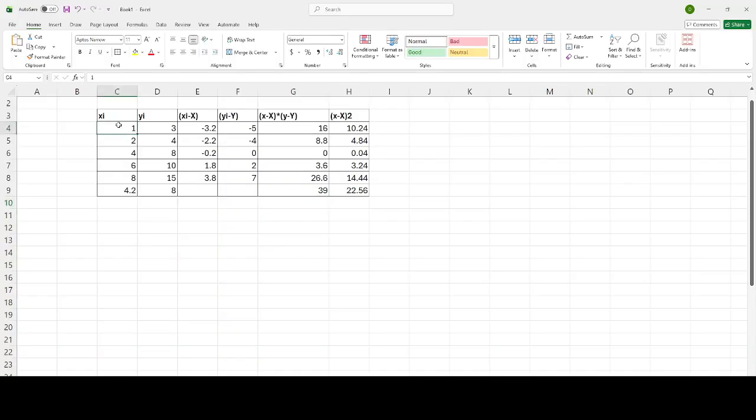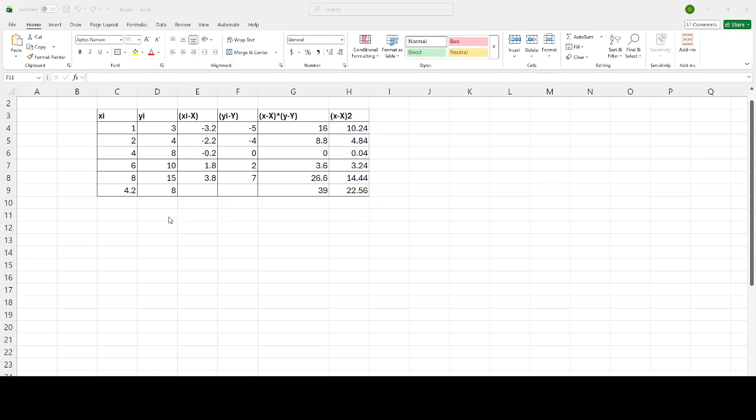Here we have independent variable x, dependent variable y, and then this calculation is x minus the average of x. Mean means average of x. So this is the mean value of x, its average, and this is the mean value of y. All the values are calculated.